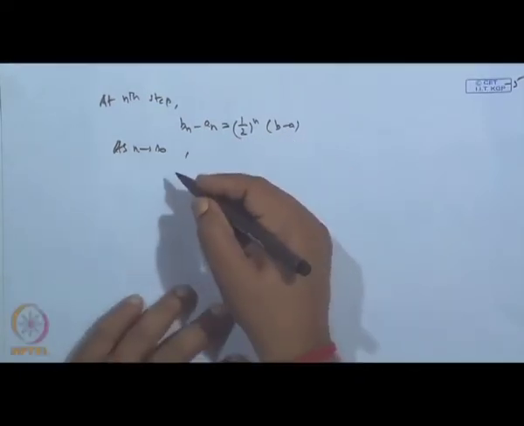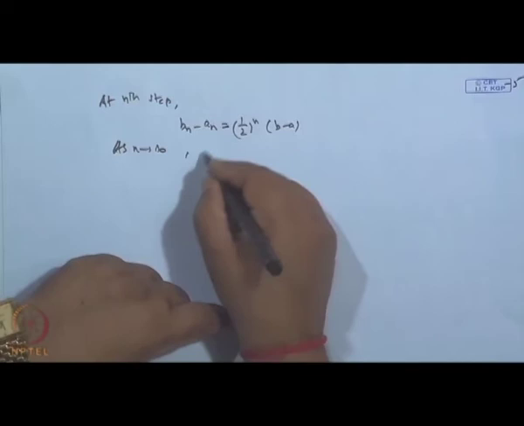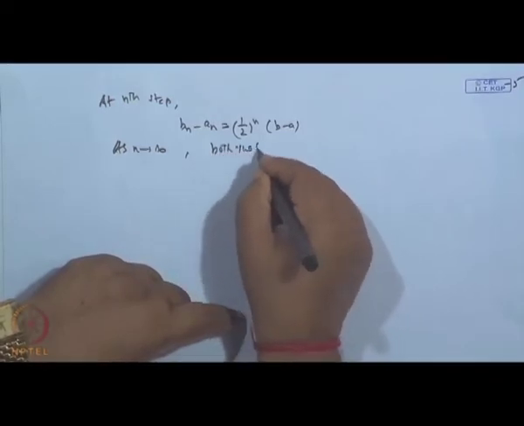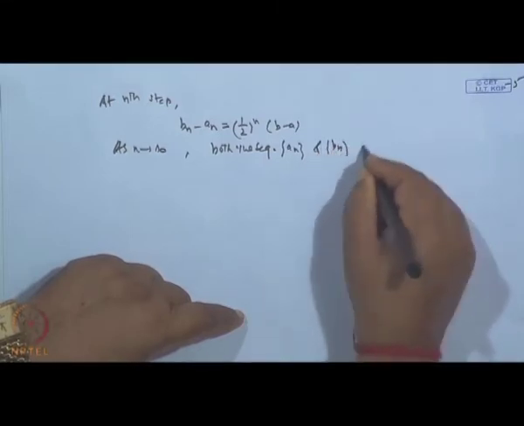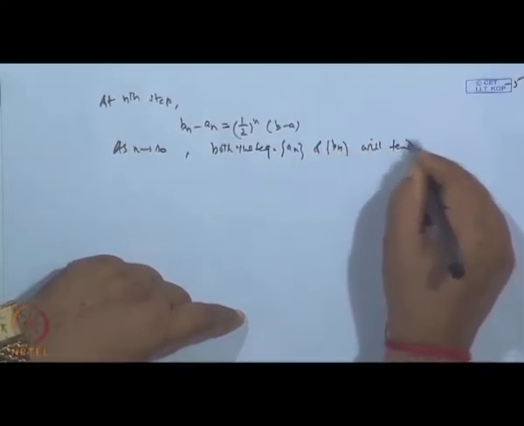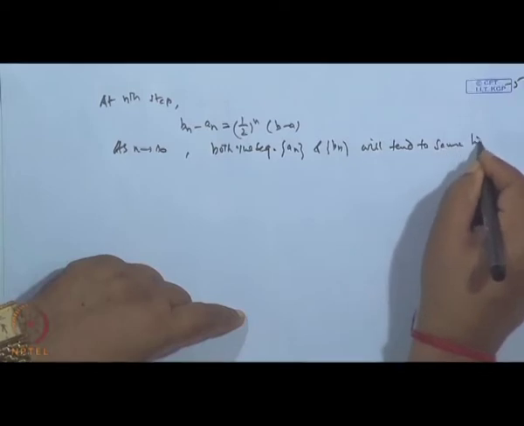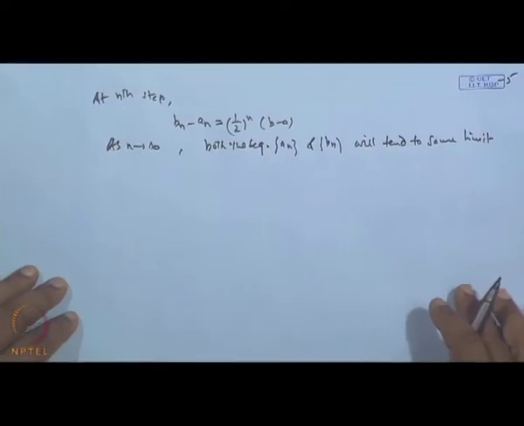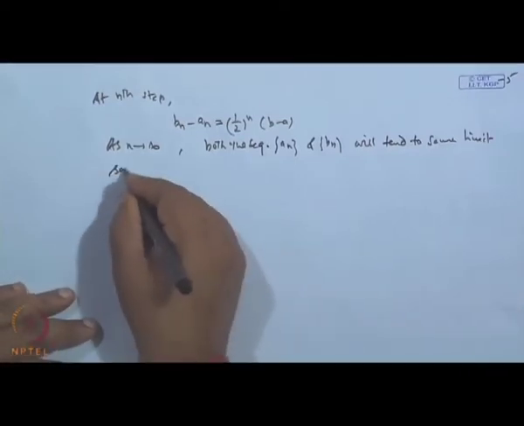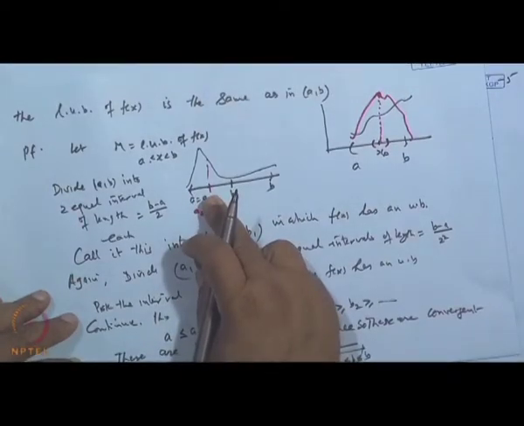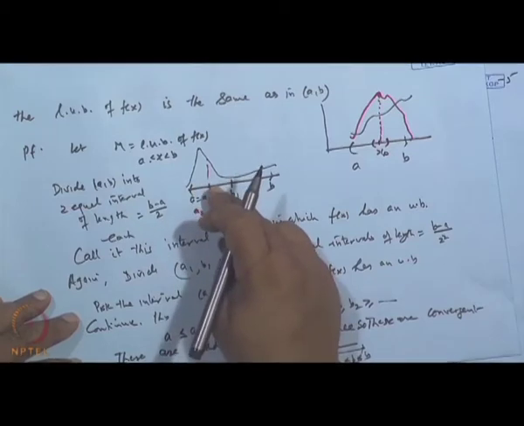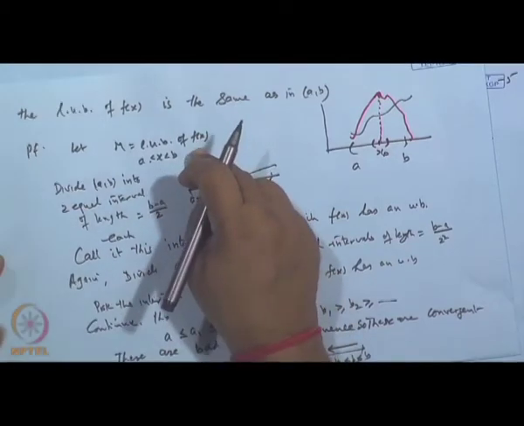Therefore, as n tends to infinity, both the sequences an and bn will tend to the same limit, and that limit point is our, say, x naught. It means there exists an x naught and a neighborhood around the point x naught will be there, in which the upper bound lies.